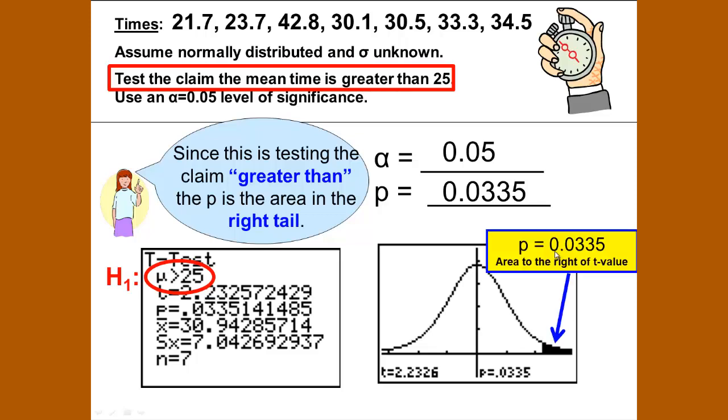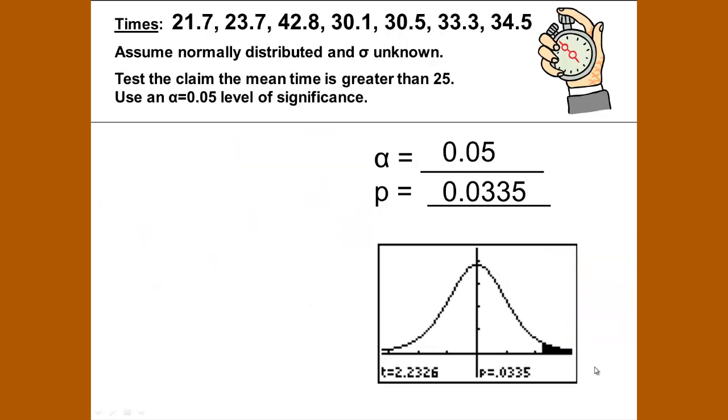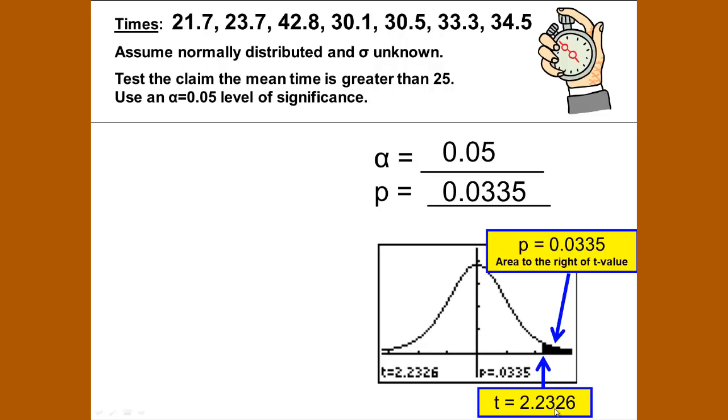So this is the area to the right of the t-value, and it is 0.0335. Notice our t-value is 2.2326. The area to the right, or our p-value, the probability of being to the right of that, is 0.0335.